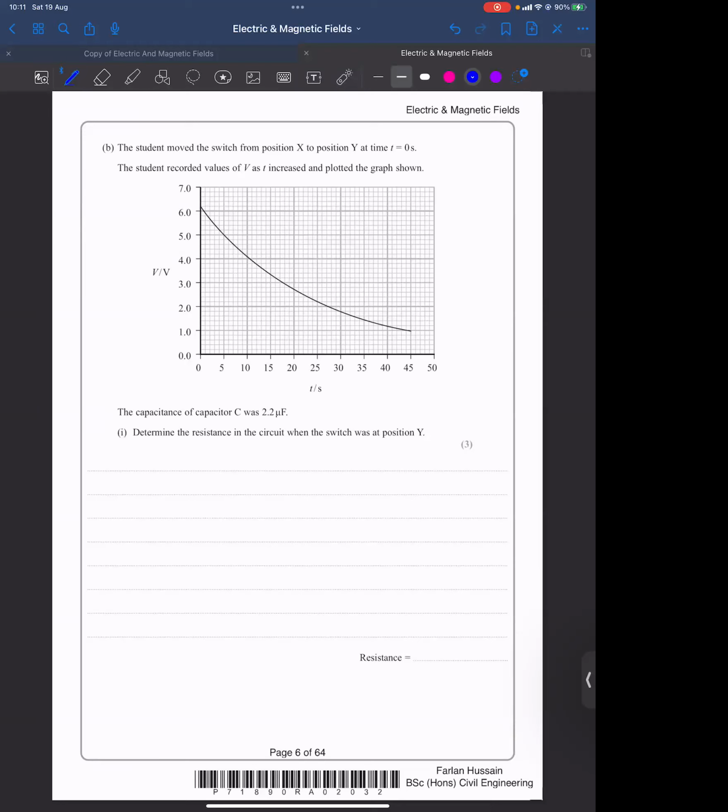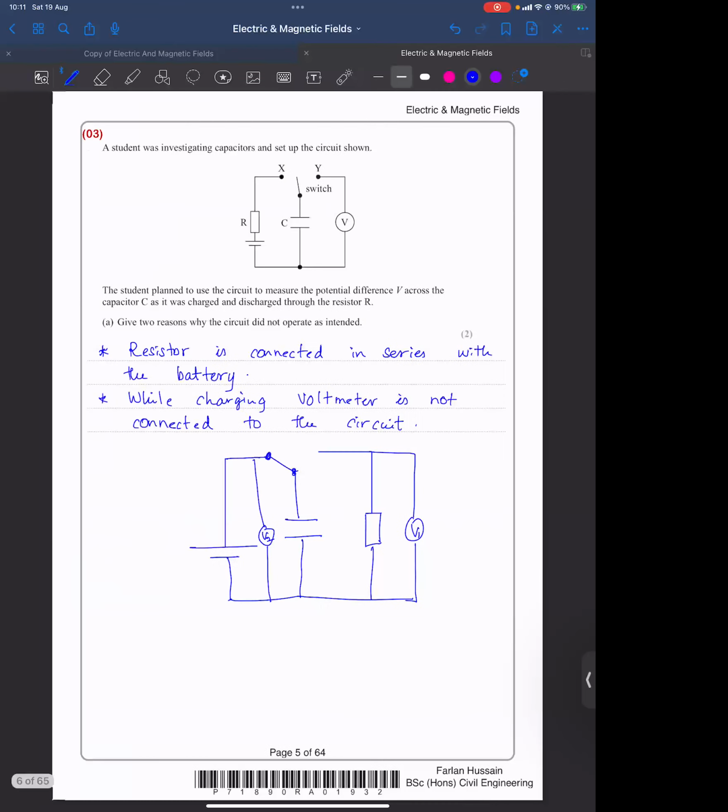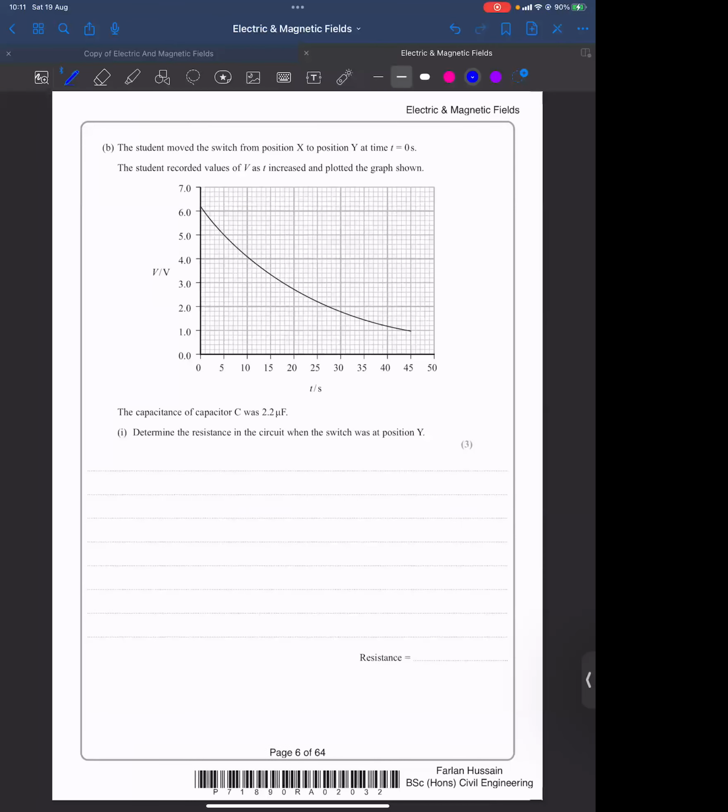Okay, anyone got the answer to the part one?